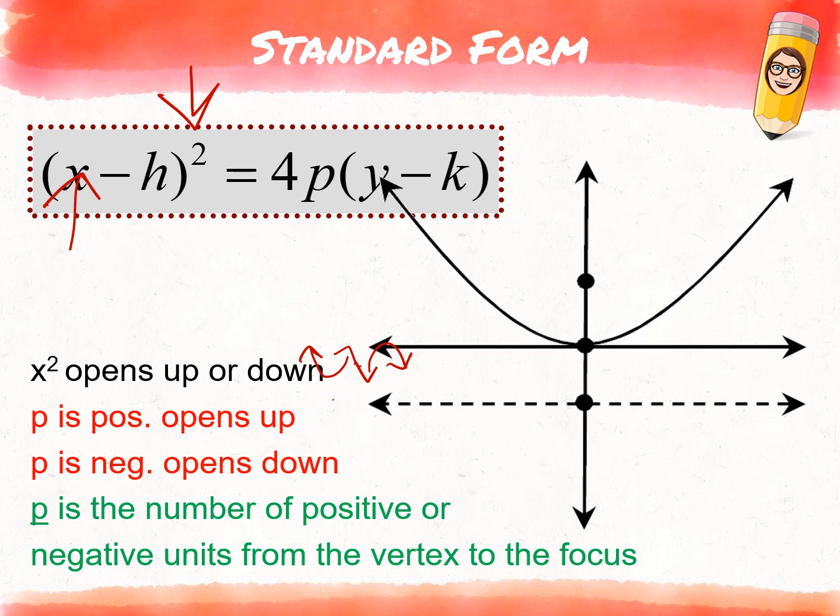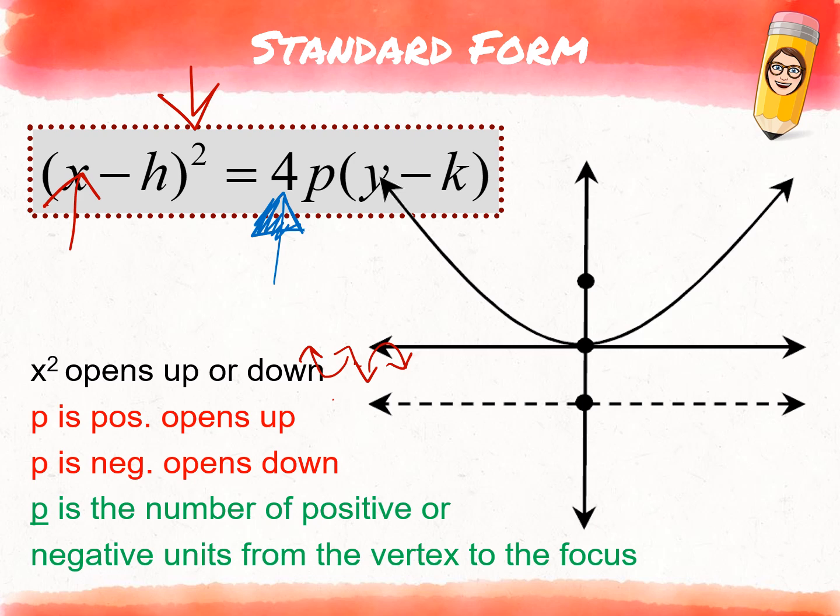If the y is squared, then it would be sideways, and we haven't had sideways parabolas yet. That'll be new. We have this value of 4. I'm not going to get into where that 4 came from, but I do have a link if it's helpful and you want to understand it more clearly.